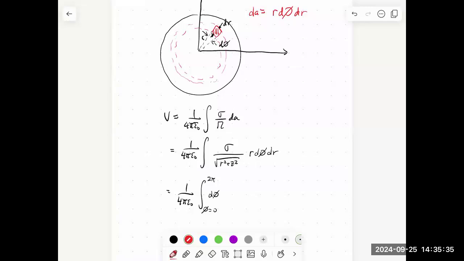And then after we do that, we would do the integral from r equals 0 out to the full radius, capital R, of whatever's left. We have sigma r dr over the square root of r squared plus z squared.